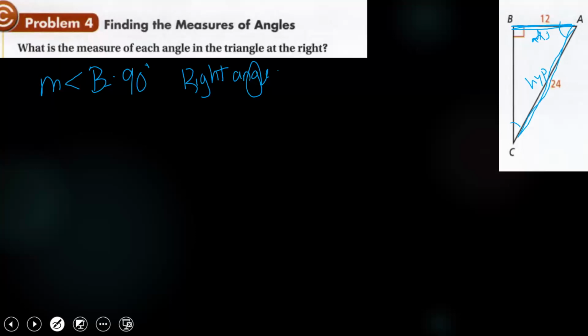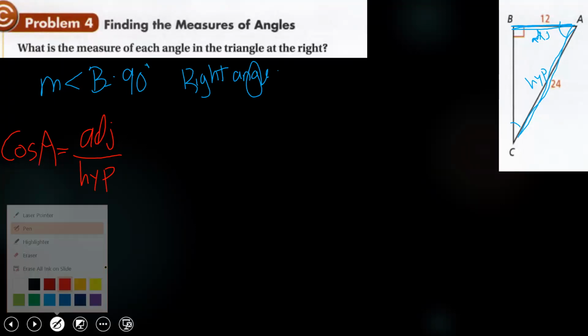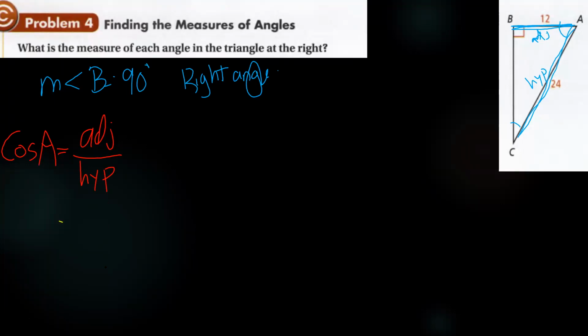Adjacent over hypotenuse, what do we call it? Cosine, of angle A. What is the adjacent here? It's 12.